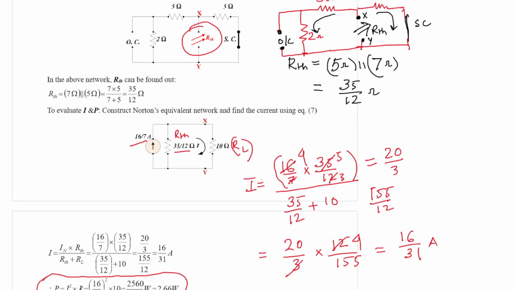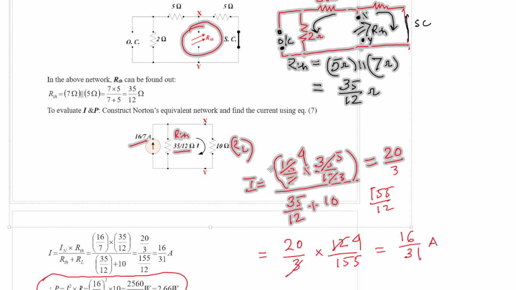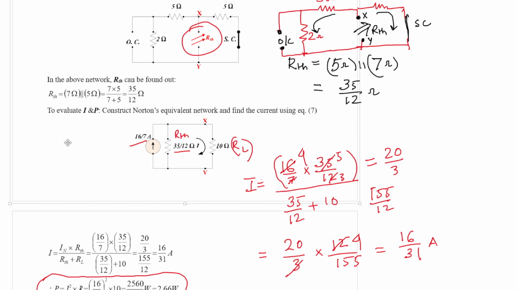It is 35 by 12 ohm, and once we got RTH and IN, we constructed the Norton equivalent network, that is IN, RTH and RL all connected in parallel. From there we solved that the current flowing through the 10 ohm resistance is 16 by 31 ampere, and from there we evaluated the power loss as 2.66 watt.